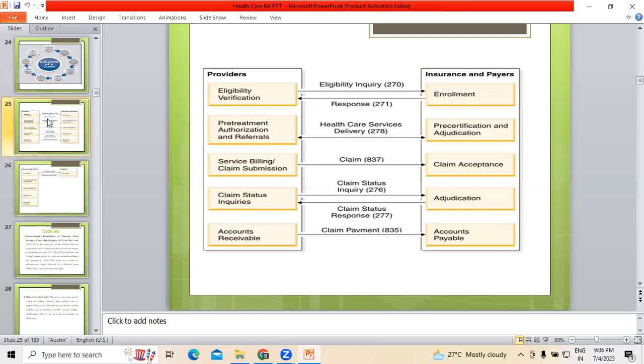If you are working from the provider point of view, the responsibilities of a BA are different, whereas from the payer point of view, the activities and responsibilities we perform will be different. Those are the two differences we have to see. From the payer point of view, it is requirements gathering, understanding the requirements of the customer, and customizing the plans accordingly.